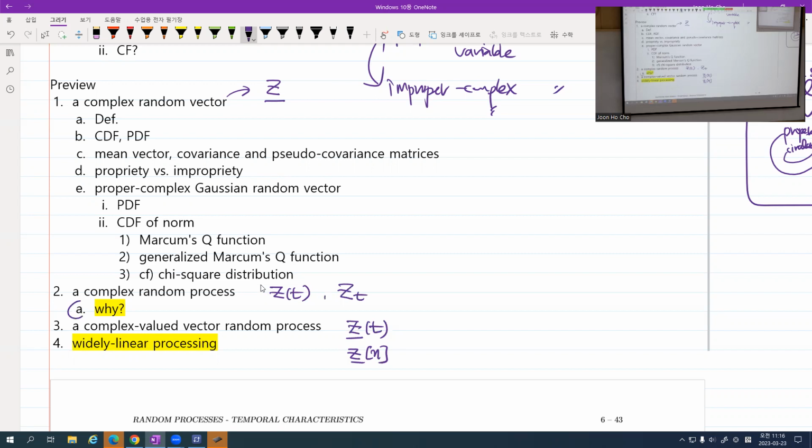By the way, I didn't have enough time to put in why we consider these complex valued random variables, vectors, processes, and vector valued processes. So I will try to cover this if we get up to this point today. And then also, I will briefly talk about widely linear processing over complex signals.